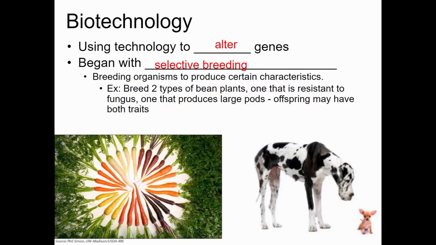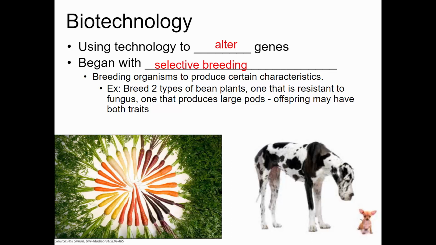Like, things that we use for crops or livestock or pets, where did dogs come from? The ancestor of modern dogs are wolves.